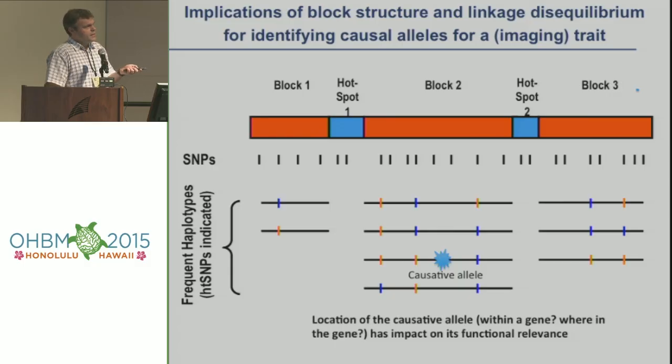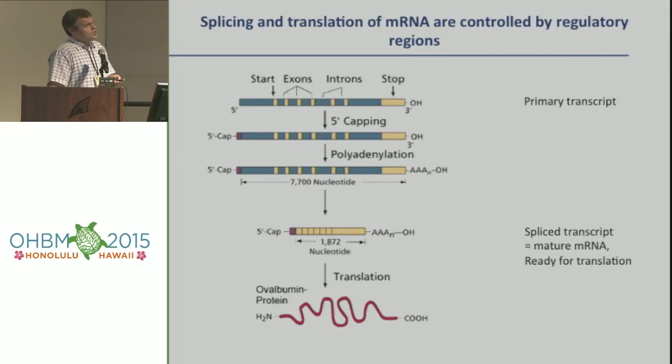Let's say you find association with this particular SNP, but it could be one of the neighboring SNPs that are in linkage disequilibrium, and one of these neighboring SNPs, for example, is the one that has a functional effect that is really associated with the imaging trait or with the disease. Depending on the location of the SNP, that can have different functional consequences. So, of course, it's valuable to know, if you have a SNP association, where this SNP is located.